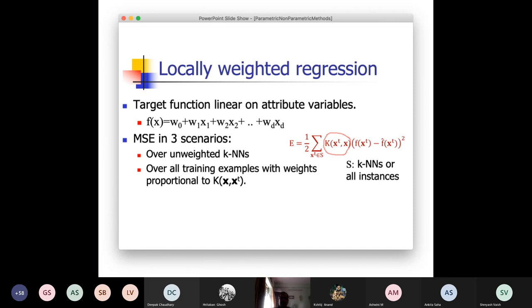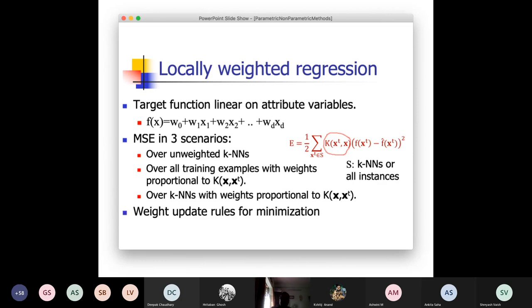It could be over all training examples, then it's a global function. Otherwise, if we consider a local window, you can recompute for every local window and you can do this. So then it becomes local. Over k nearest neighbors with weights proportional to K(x, xt), as I mentioned there.